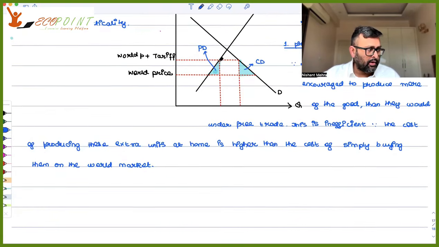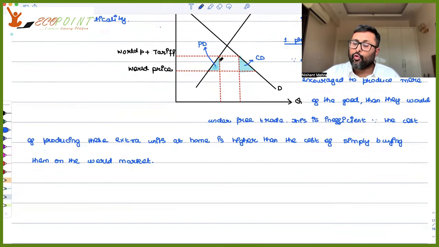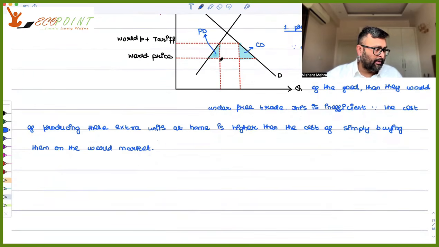And this high price is going to force these consumers to cut back on their consumption, right? So the second one is consumption distortion.